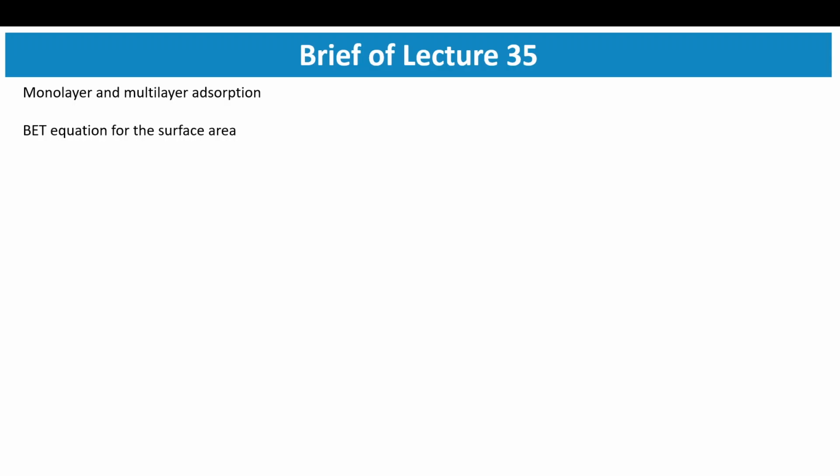Next is monolayer and multilayer adsorption. We have been using this term very often since the start of this class, and by now you would have understood what monolayer and multilayer are.